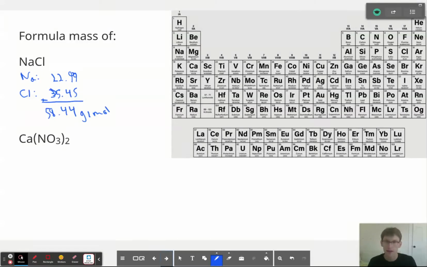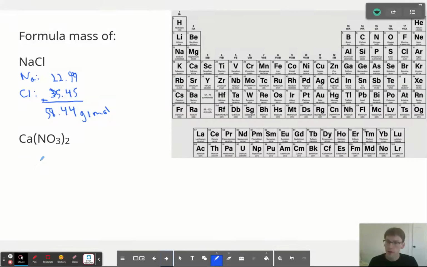Makes it nice and easy, and as far as I'm concerned, that is precise enough to solve any problem that you'll have to do. Whenever you're doing calculations involving molar mass, you're never going to have the molar mass be the limiting factor on your sig figs, at least in any problem that I'll give you in this class.